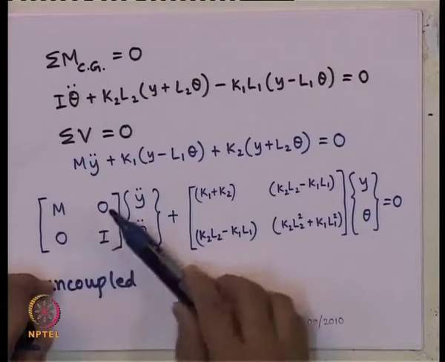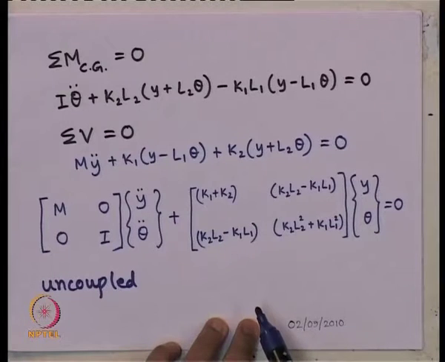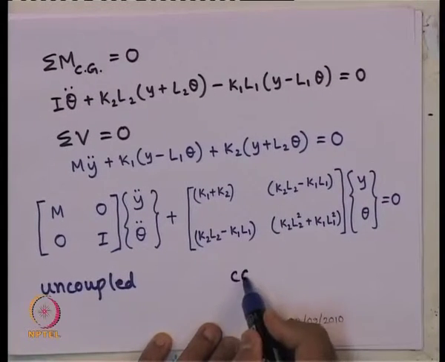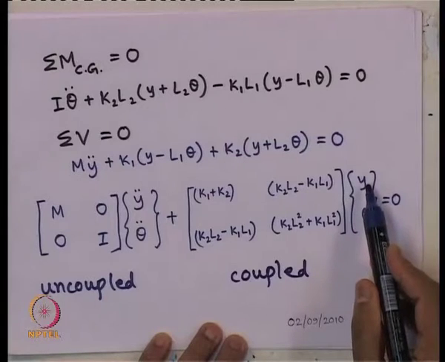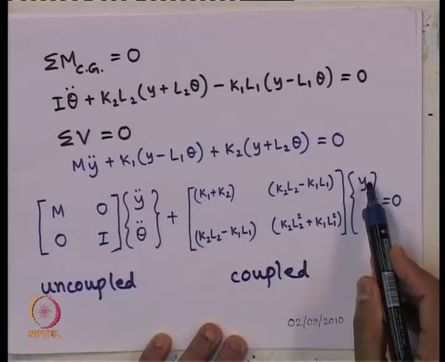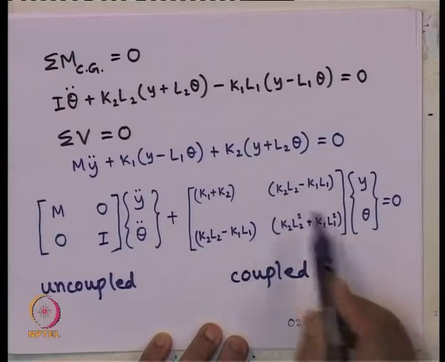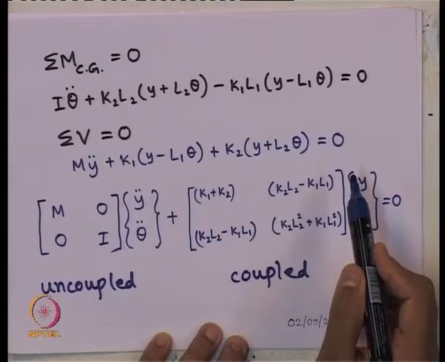whereas other entries in the matrix are 0 and they are diagonal. Whereas, look at the stiffness matrix, this is our modified stiffness matrix for the entire system. This is coupled because for the first degree of freedom, that is y here, the entry for theta is non-zero. So, theta is also having some effect on the degree of freedom of y.